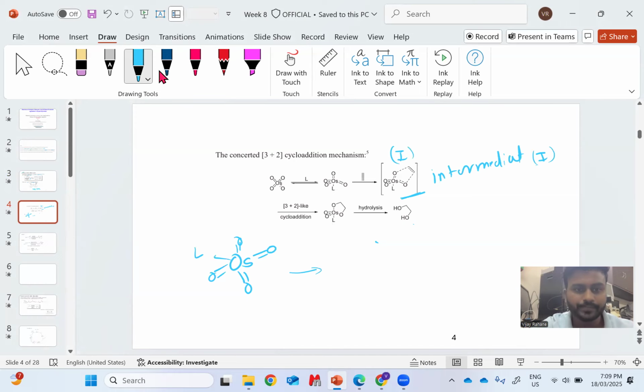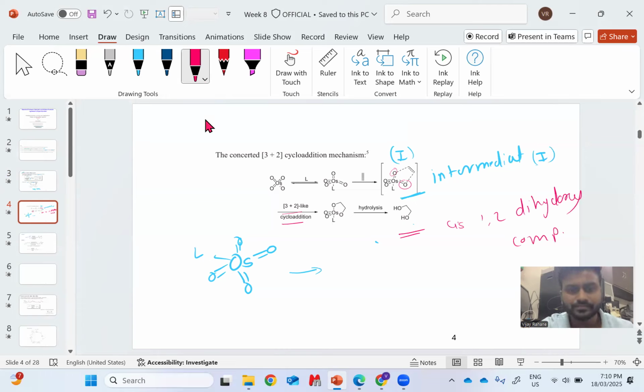The two oxygen atoms, which come from osmium tetroxide, are attached to the olefin in the same fashion. This is followed by hydrolysis, which gives the cis-1,2-dihydroxy compound.